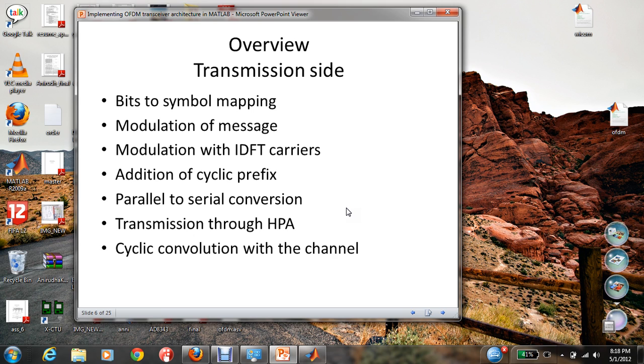Now what does the cyclic prefix do? If we take a block of symbols 0 to m and convolve with the impulse response of the channel, say of length L, the total number of samples obtained will be m plus L minus 1.